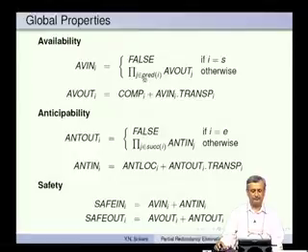And then the AVIN at any other input point of a basic block, you take the AVOUTs of the predecessors and do an AND operation.